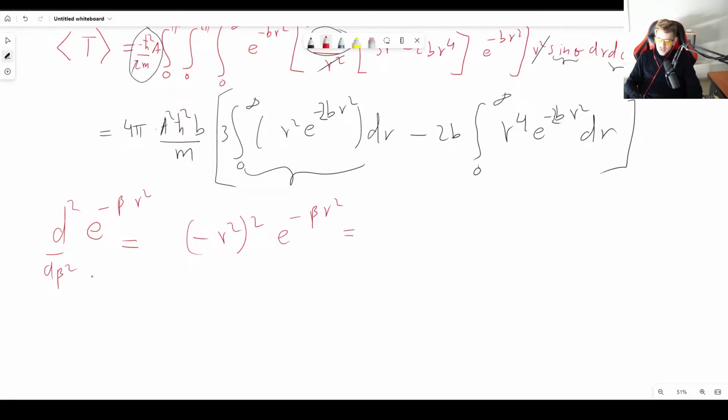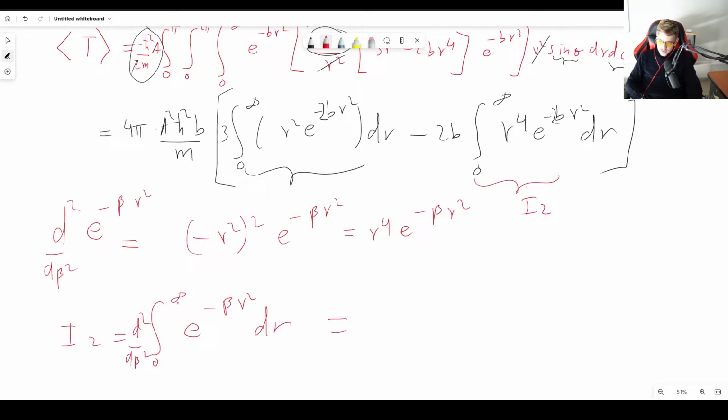So if we take the derivative with respect to beta twice, we get r to the fourth power e to the minus beta r squared, which is exactly the same that is here in what I will call I2. So I2 is equivalent to an integral from 0 to infinity of e to the minus beta r squared dr, but taking the derivative with respect to beta twice.